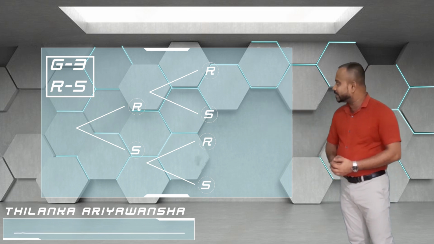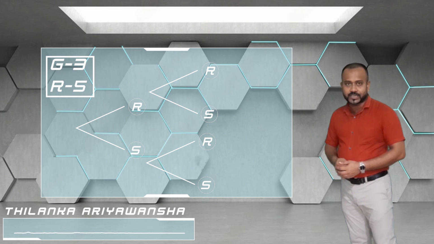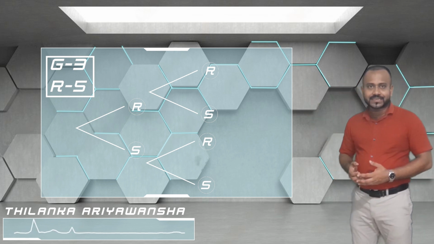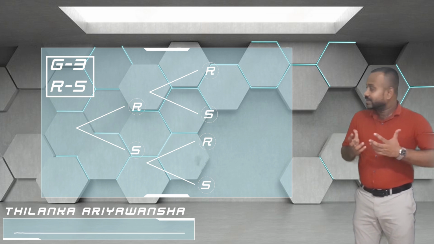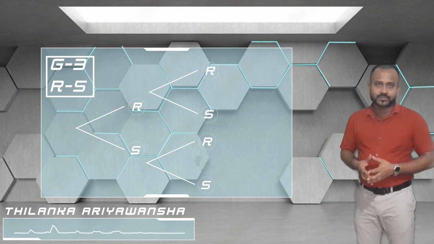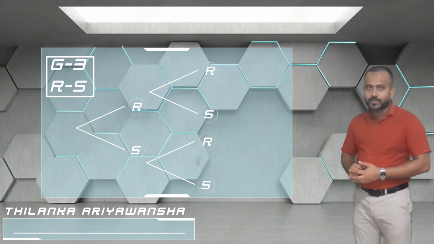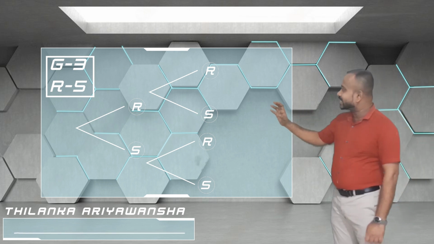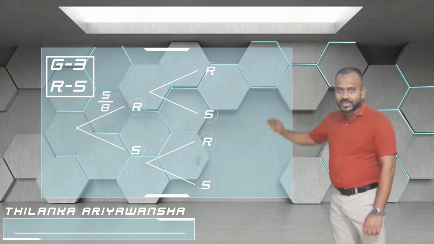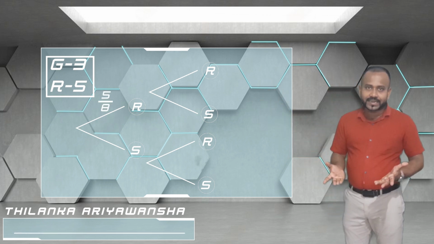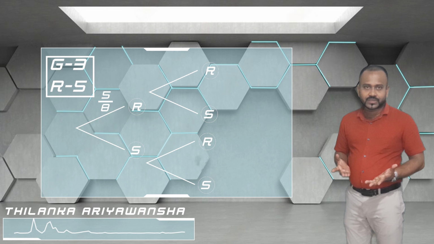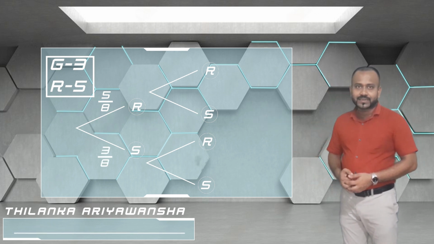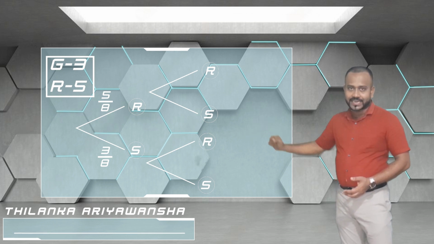Now when we go to the first branch, we have red. How many red beads were there? There were 5 red beads and there were 3 green beads as well. So when we mention the probability on the first branch, we have to mention that as 5 over 8. That is the probability of taking a red bead. When we are taking a green bead, that's 3 over 8.